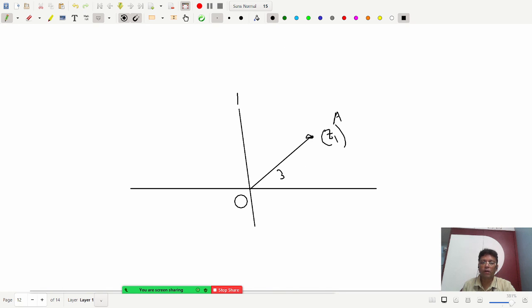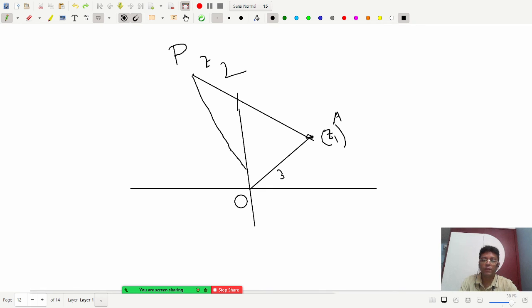So from here you can draw like this. Yeah, this is perpendicular. So this is the position Z2, the complex number, and P is the position of the complex number. Let us connect OP.